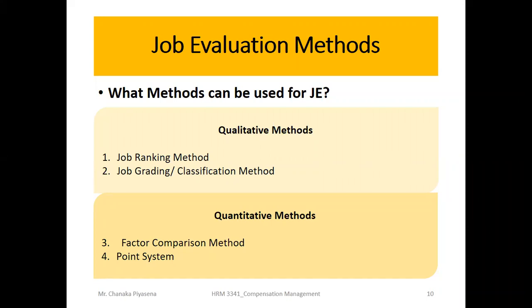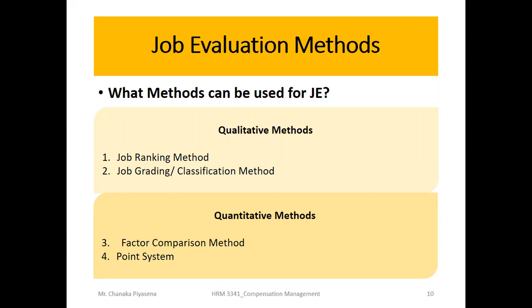But in your rank, number one is a high value and number two is less value. Those numbers are not representing the value, therefore your rank is not representing it. We can identify it as a qualitative method, not a quantitative method.